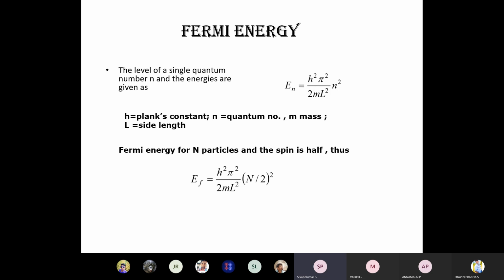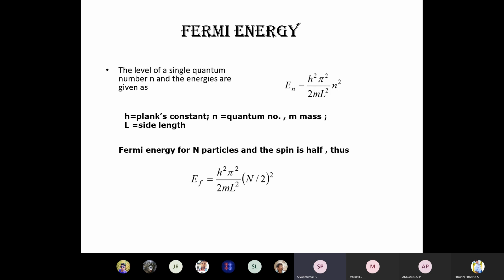The energy levels for a single quantum number n are given as E_n = h squared pi squared divided by 2 m L squared, times n squared. What is h? Already I said, it is the Planck constant. n is the quantum number, m is the mass, and L is the length of the side.